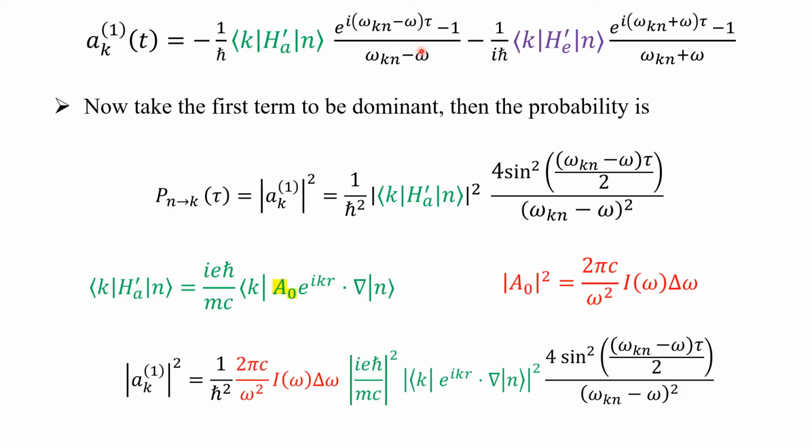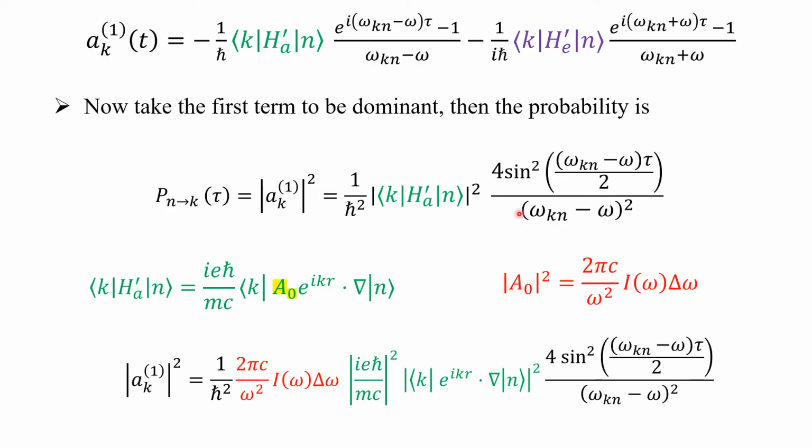This exponent term, including the denominator, whole square. If you take the square of the numerator, we have done it already in our lecture on harmonic perturbation. That is, |e^(i theta) minus 1|^2 is equal to 4 sine squared (theta by 2) divided by theta squared.